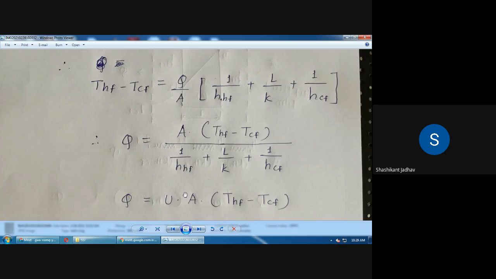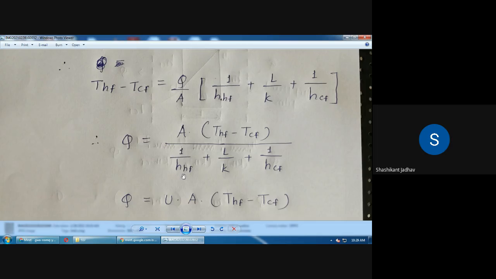सिंपल आहे की पहिल्या इक्वेशन मध्ये काय? 1 upon in bracket 1 upon HHF plus 1 upon HCF plus L upon K. Okay, so दोन्ही इक्वेशन जर बघितले, first equation Q is equal to A into THF minus TCF, that term is also present in the second equation A into THF minus TCF.